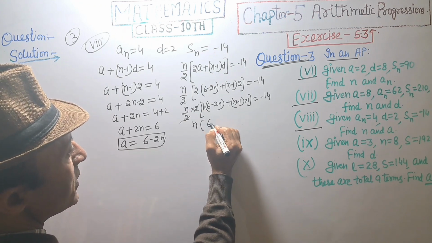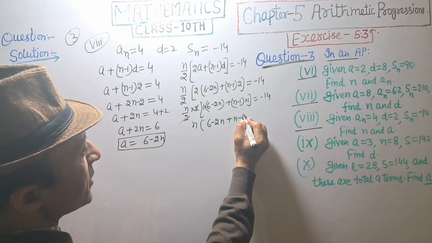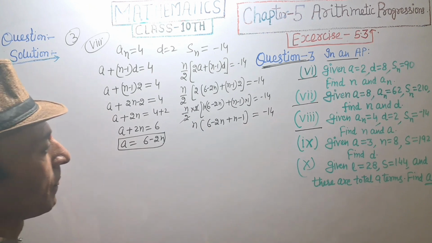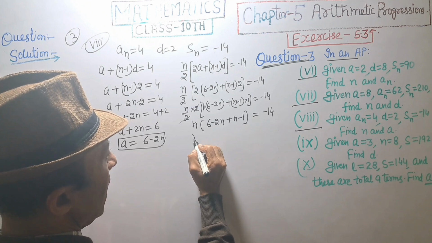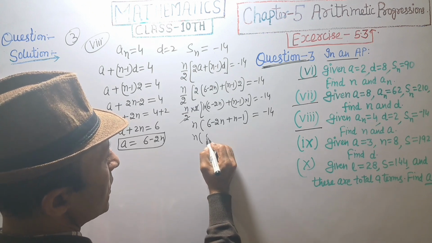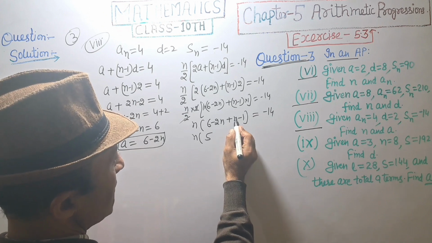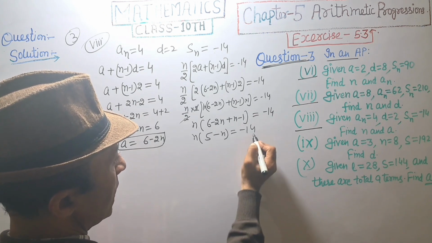N into 6 minus 2n plus n minus 1 is equal to minus 14. 6 minus 1, that is 5. Minus 2n plus n, that is minus n, is equal to minus 14.